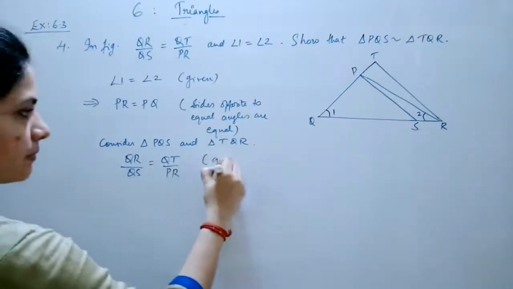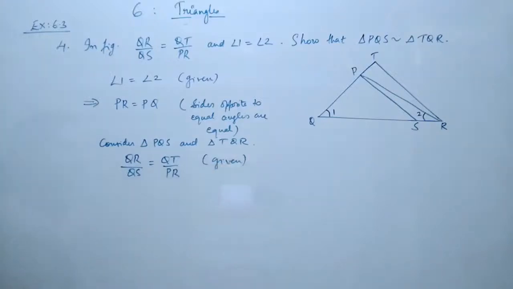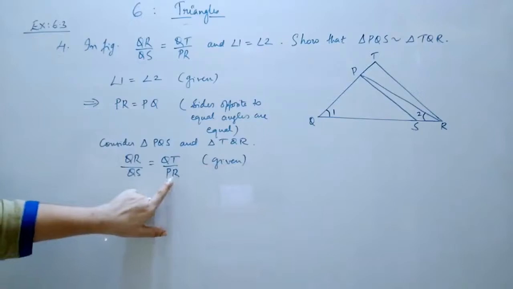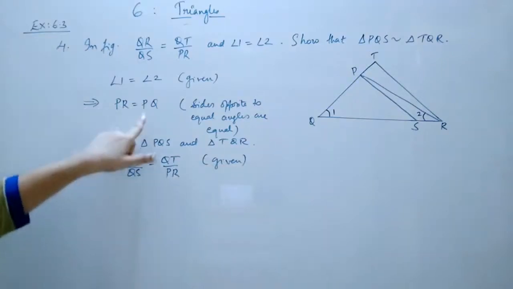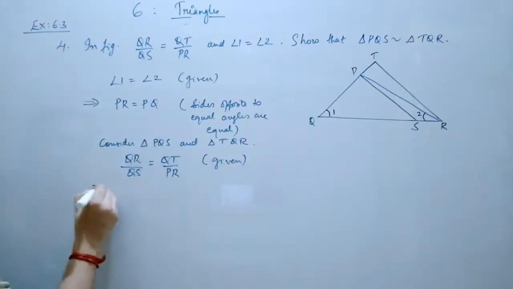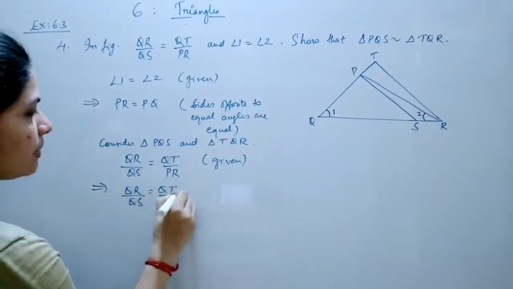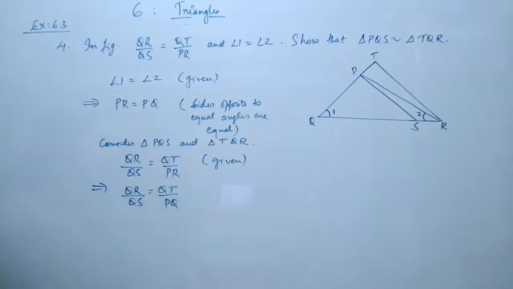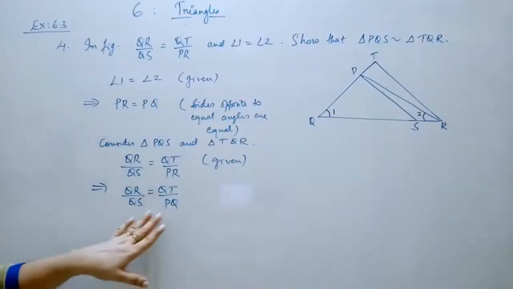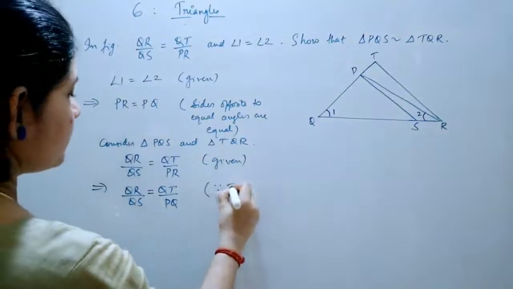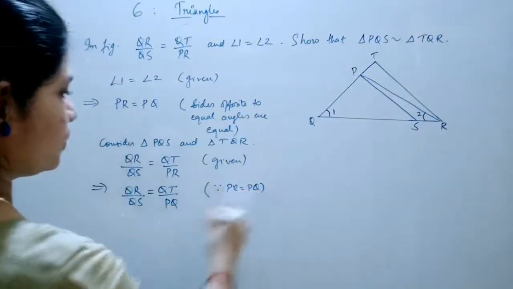This is also given. Now what we have already got, PR equal to PQ, we will be replacing here. Instead of PR we will be writing PQ. And this can be rewritten as QR by QS equal to QT by PQ. Okay, this much we got, since PR is equal to PQ.